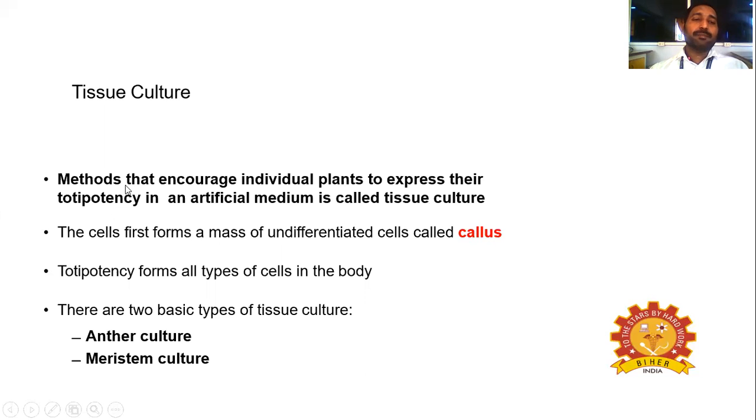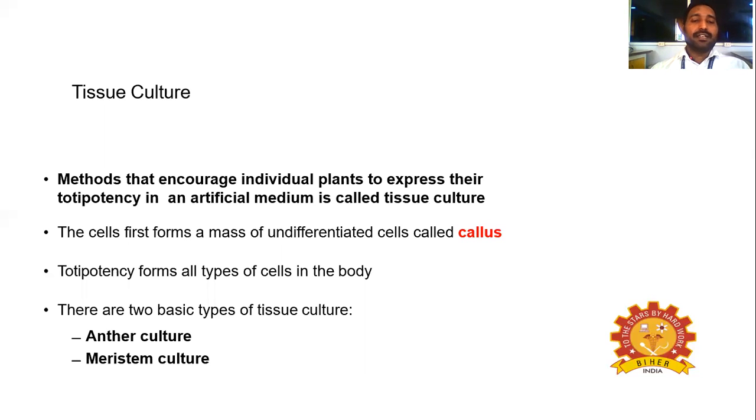The cells from the source plant or sample start to form a mass of undifferentiated cells, which is called callus. This callus can bring the whole plant to life.